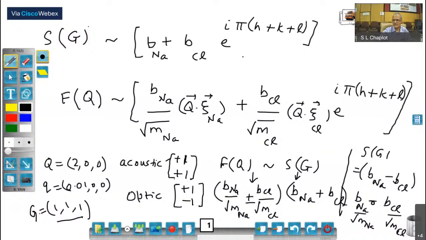Whereas for optic phonon, I get a plus here, and so I can get a large intensity for the optic phonon for this G, and so this can be measured. Maybe you can try to understand this situation a little better. If there are questions, please let me know.